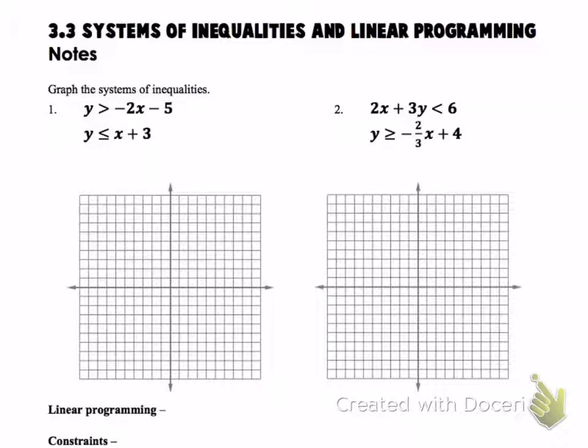So if I were to graph the first one, y is greater than negative 2x minus 5, I'm going to put a point at negative 5. And then will it be dashed or solid? Dashed. So I'm going to go down 2 over 1. And dash.